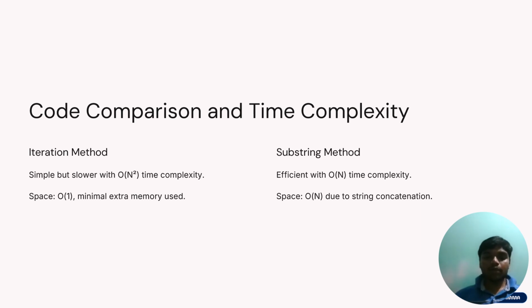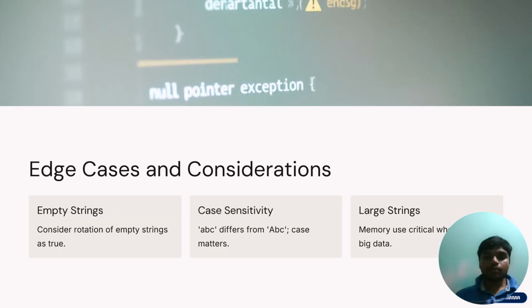Efficiency. All methods have the same time complexity of O(n), which is optimal for string rotation since we need to examine each character at least once.